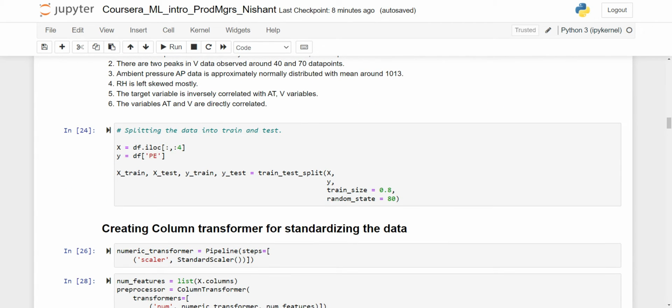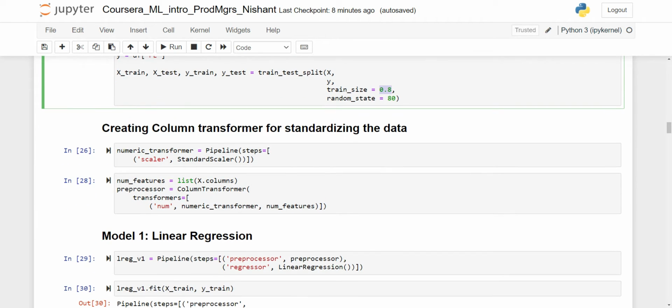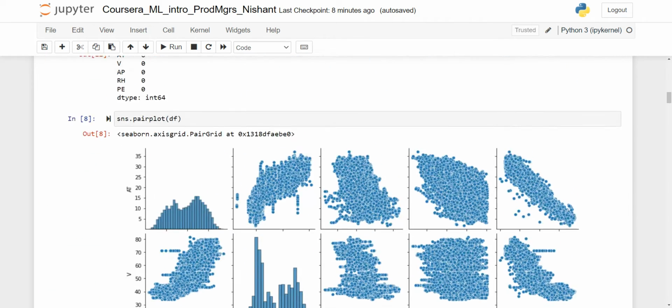Now, first I will split the given data into train and test. PE is our Y variable, and the rest of the columns are X variables, our features. I have used a training size of 80%, and since all the values are numerical, I have standardized the data because everything has its own scale.